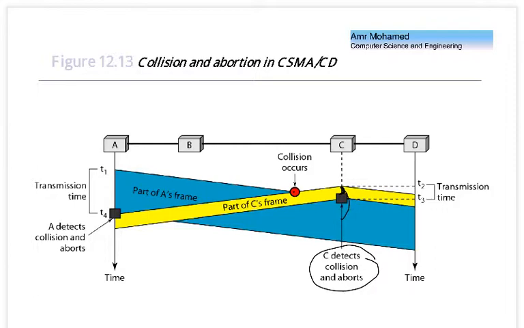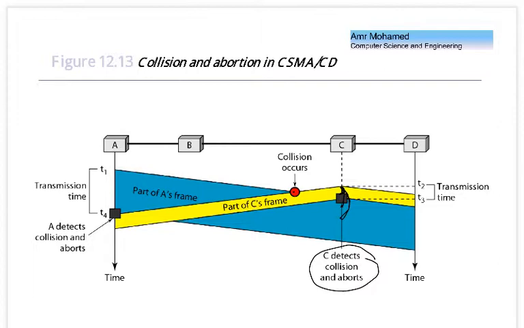So A will detect the collision. This example talks about the fact that if the frame length is considerably large, C will spend time transmitting the frame which is more than the time it needs to detect that there was a collision.